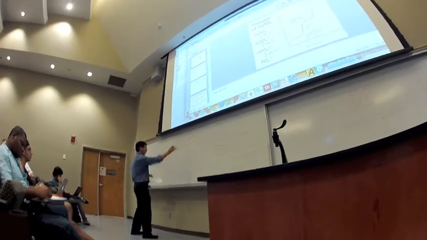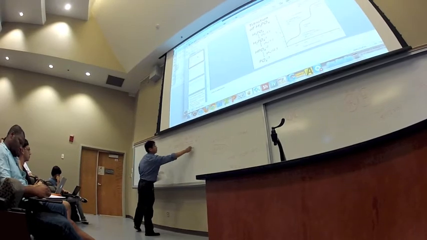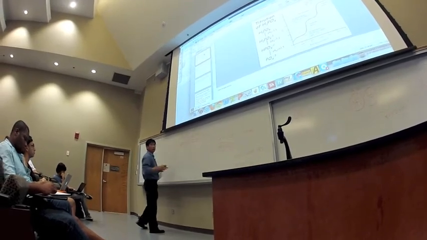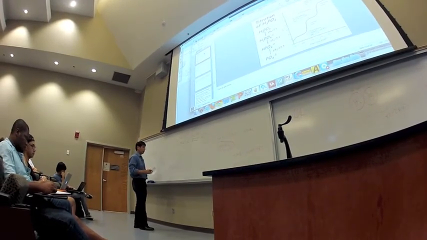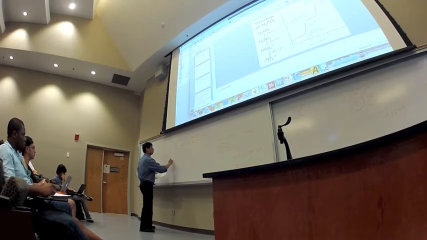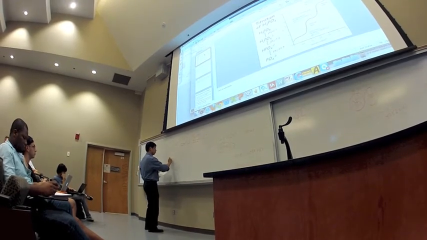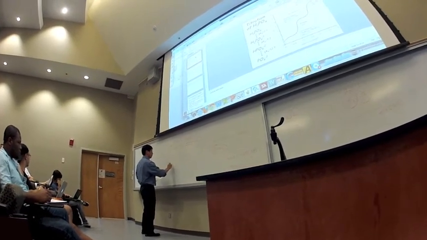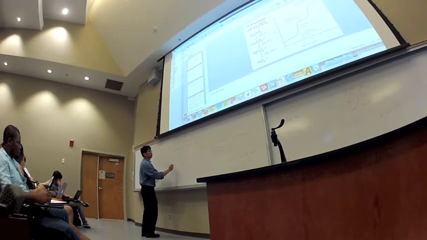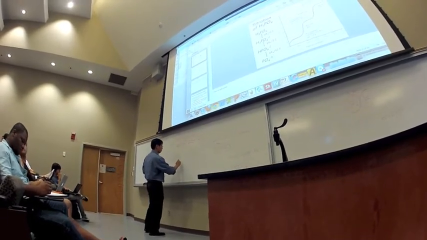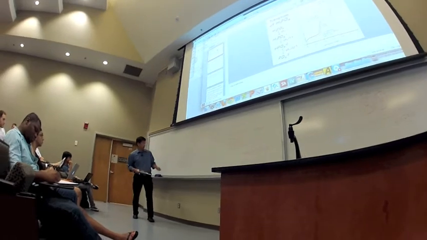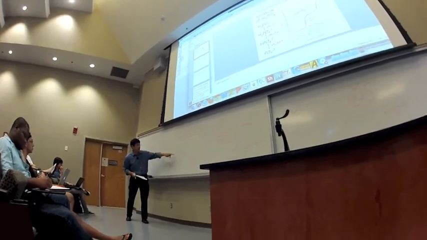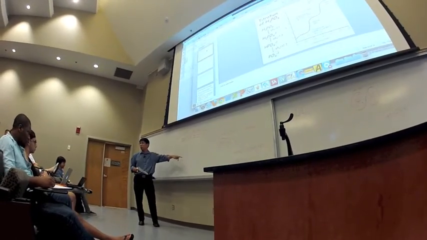And we know A0 plus A minus equals the total concentration of the buffer, 0.2 molar. So we plug in A0, that will be 5A minus equals 0.2 molar.